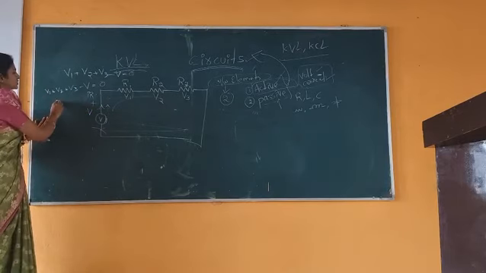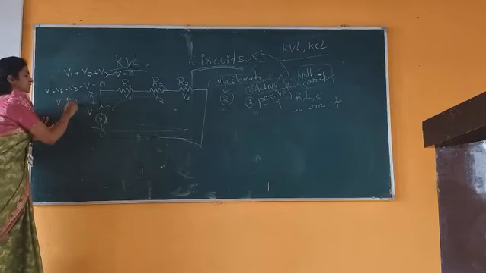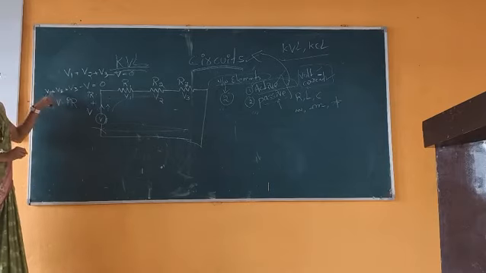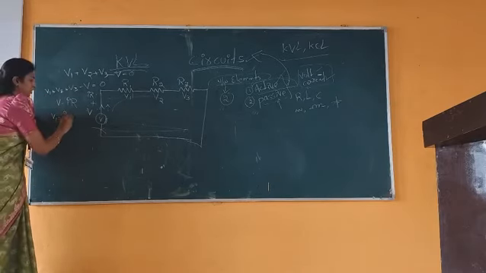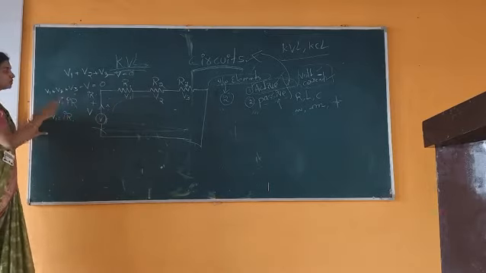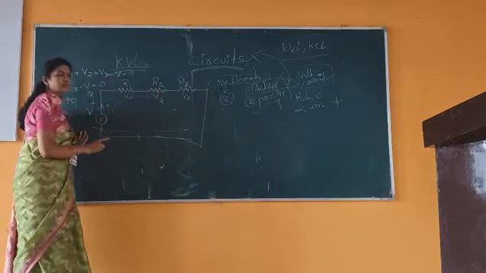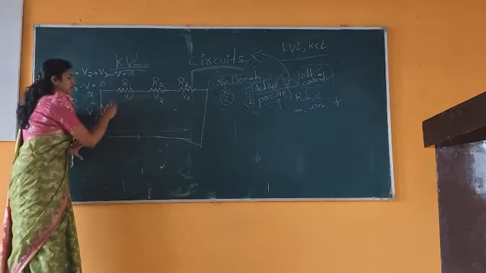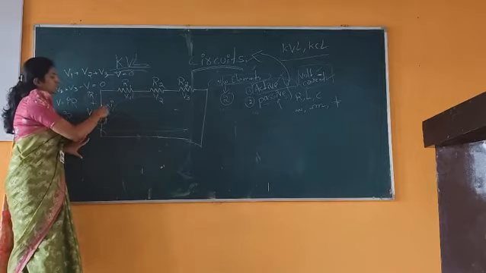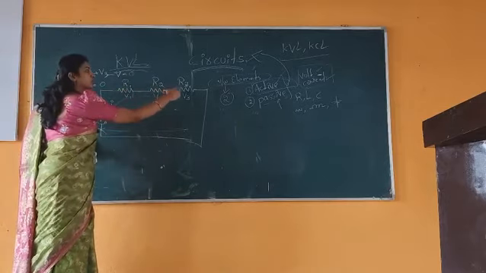As we know from Ohm's law, V is equal to I into R. When the elements are connected in series, the current will be the same in all resistors. Considering the current as I flowing through the circuit, the current is the same in R1, R2 and R3.